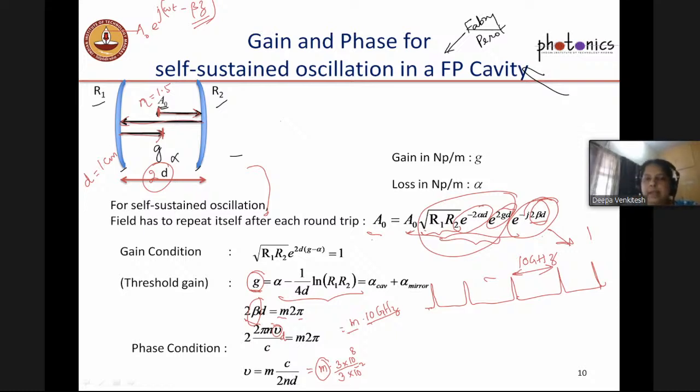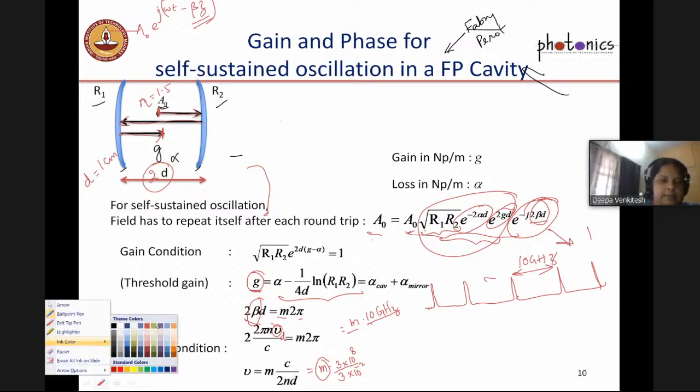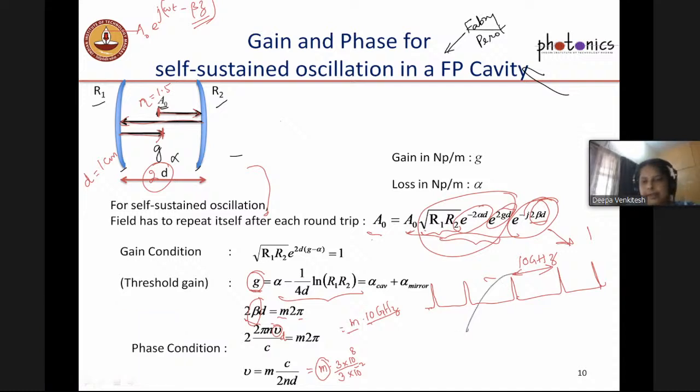So if I have a gain medium whose emission band is, for example, like this, right? This is the emission spectrum of the medium. And let's say that emission spectrum is centered at some 180 terahertz.